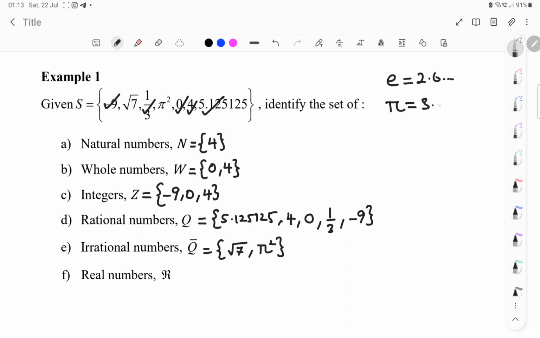The one that we usually see is 3.142. This is only an approximation of pi. It is not pi. If it's pi, then it should be 3.14159 something something, with so many digits at the back. There are still more digits, so we cannot put a stop; it's not terminating.